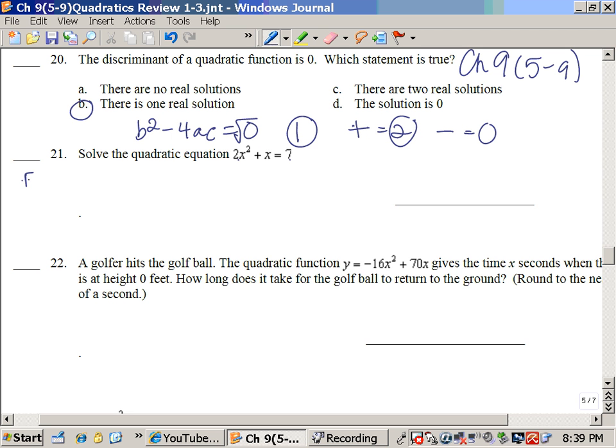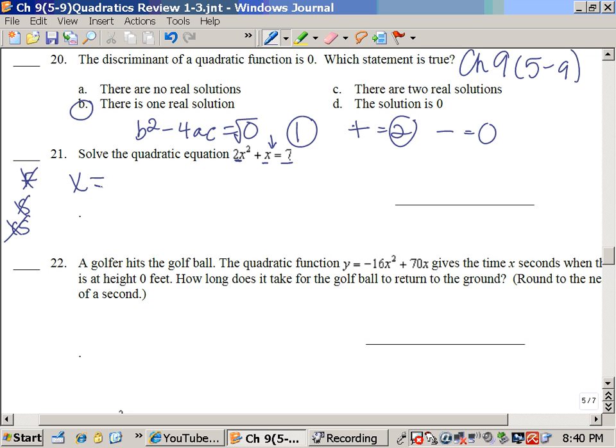My second way is by square roots. Using square roots, you can't have this x term in the middle, so I cannot use square roots. My third method is complete the square. Since there's a number in front and it doesn't divide into each of these numbers, I don't like complete the square either. So what's the best choice? That's right, the quadratic formula.